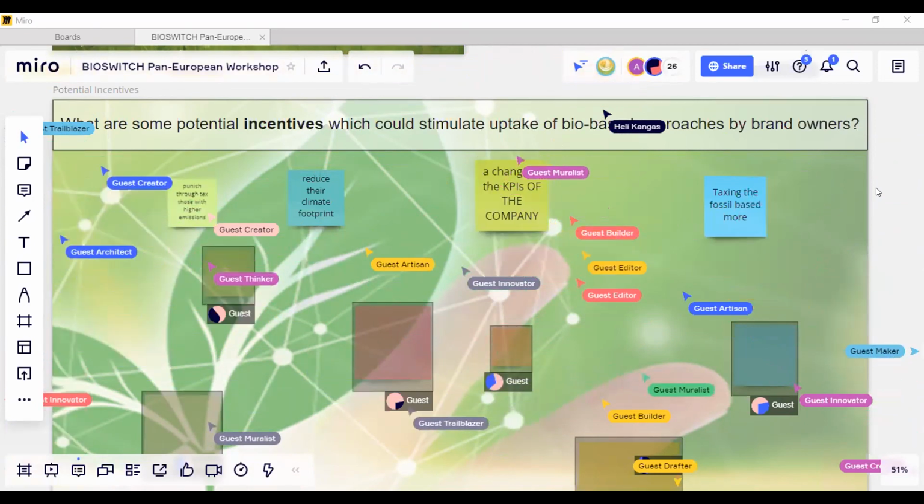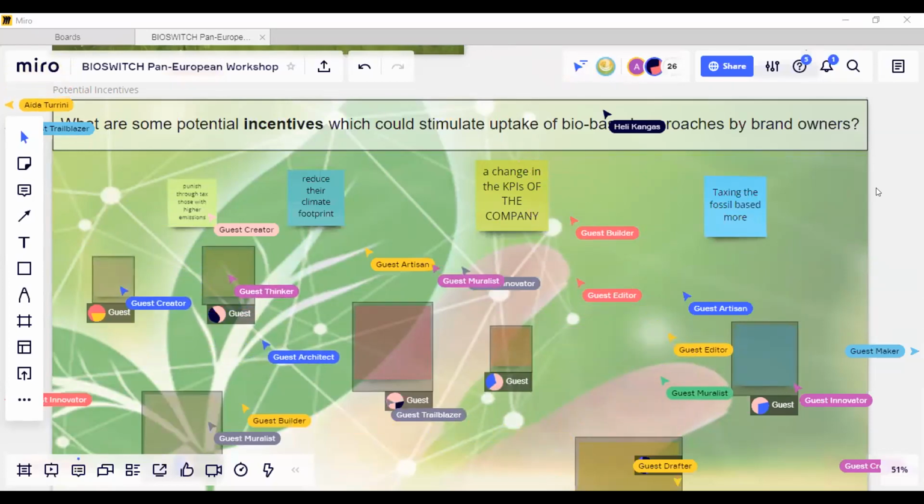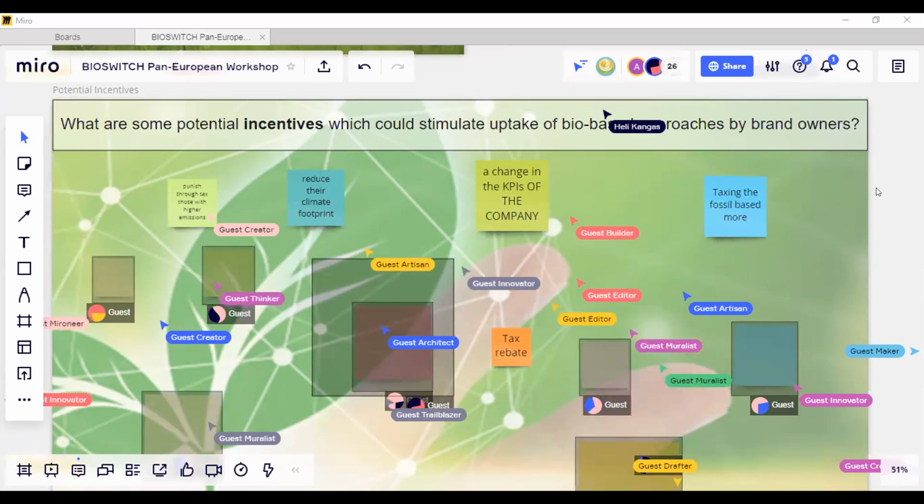Taxing the fossil option more, which relates to carbon taxation. There's another suggestion regarding taxing.